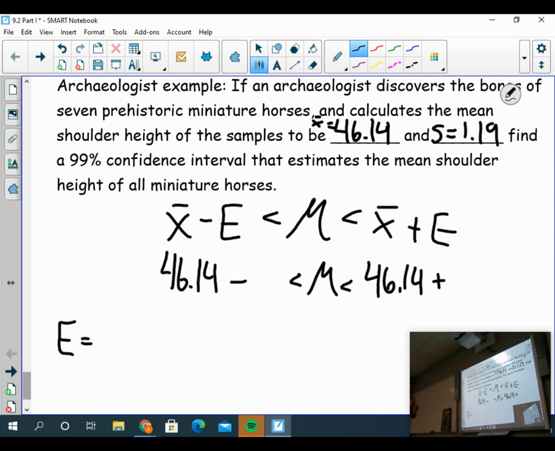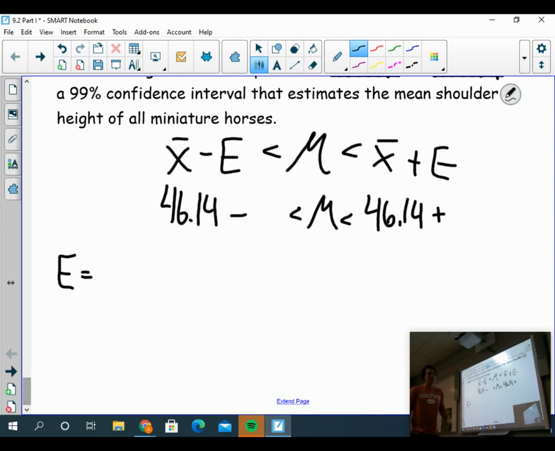Because of these two things, if we use the critical value based on the standard normal curve and just plug in our sample standard deviation, we are not going to get an accurate margin of error. So instead, we'll plug in our sample standard deviation, but our critical value will be based on the t-distribution for a sample size of 7, which means a degree of freedom of 6. And this will give us our accurate margin of error and consequently an accurate confidence interval.